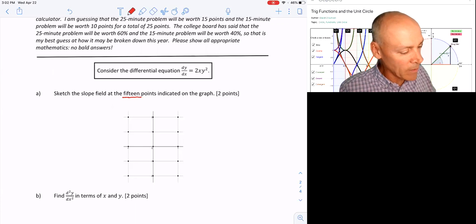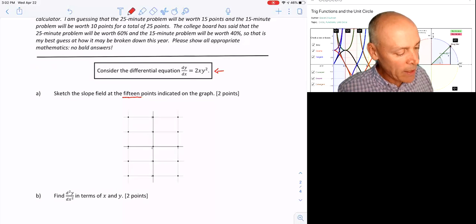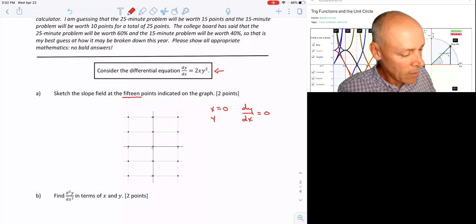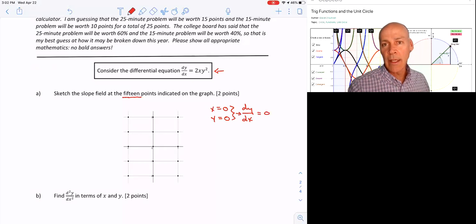If we think about it, looking at the differential equation 2xy squared, when x is 0, dy/dx is going to be equal to 0. Also, when y is 0. In both of those cases, the differential equation is equal to 0.